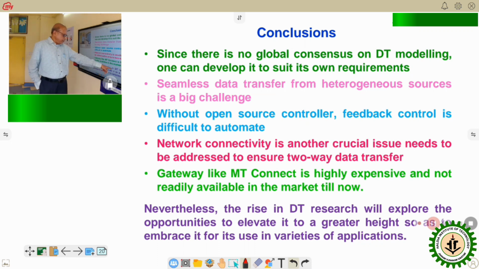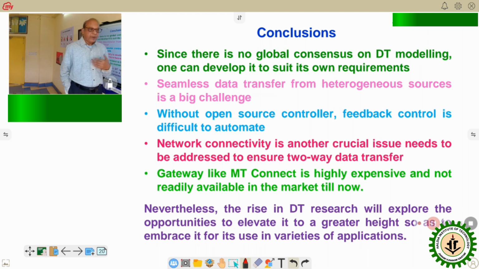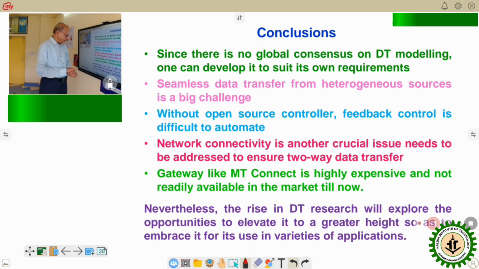Nevertheless, the rise in DT research will explore opportunities to elevate it to a greater height, so as to embrace it for use in a variety of applications. The way technological advancement is taking place very fast in the digital area, there is a real possibility that digital will flourish to a much greater extent, and academia as well as industry will be immensely benefited from this DT capability.